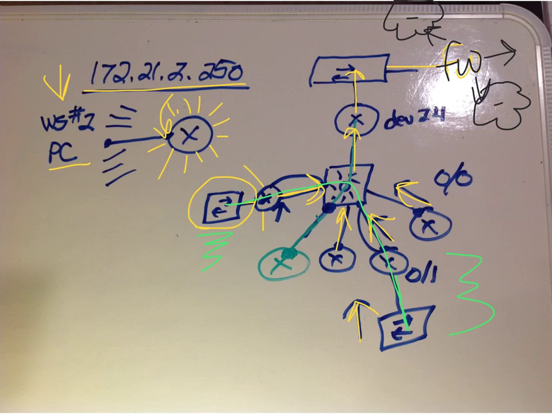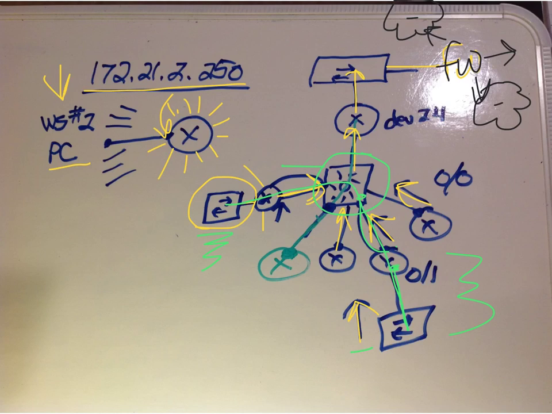It doesn't remember where everybody is, but it does know that if it doesn't know where that address is, it defaults to here. This device doesn't know, it defaults to here. Now this routing in here has routes to all 11 networks that we are using.